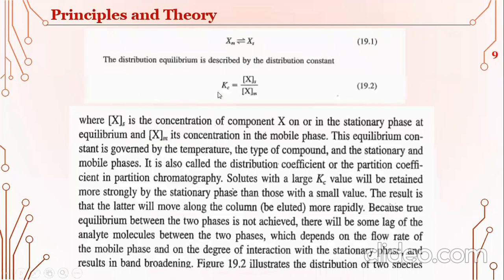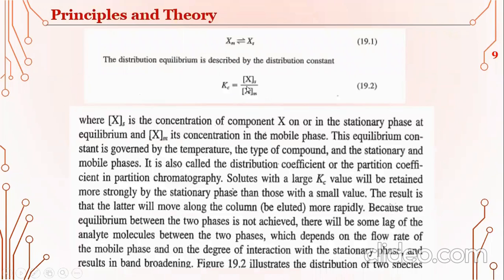So the higher the Kc, the more the retention time, and it will move slowly. Those with a lower distribution equilibrium constant will move faster, and the faster the mobile phase moves, the faster it will elute out.